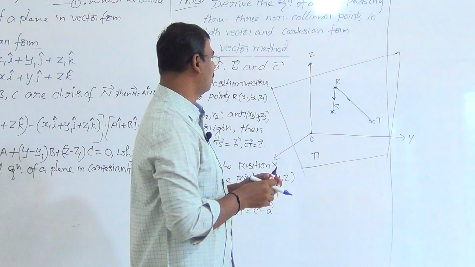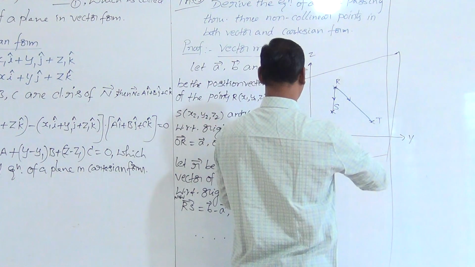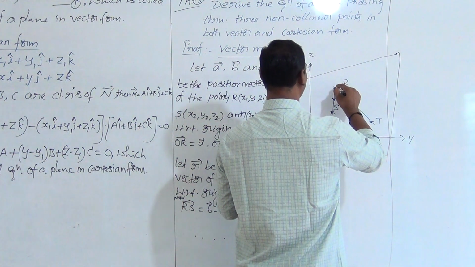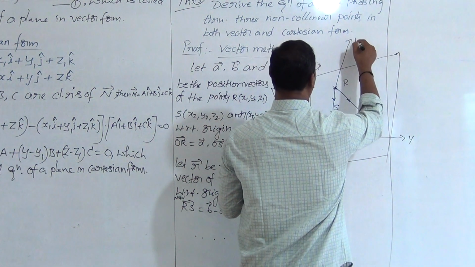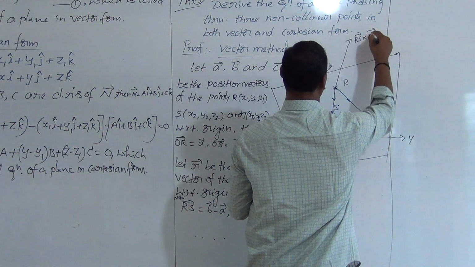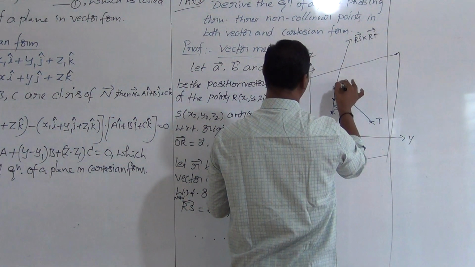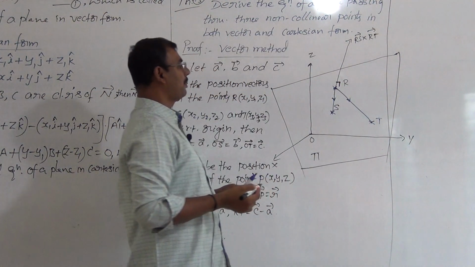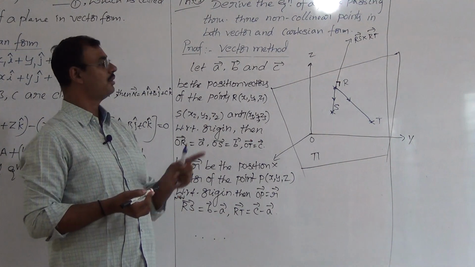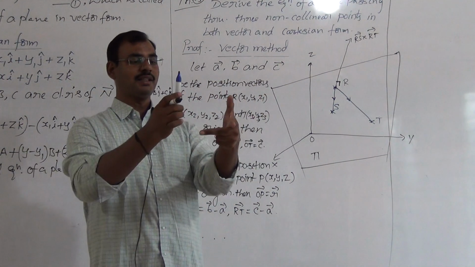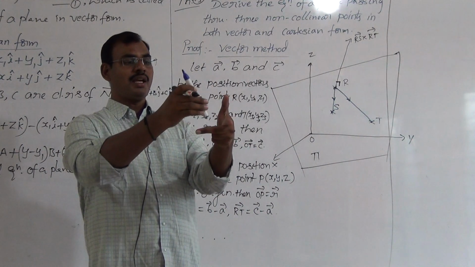So RS vector cross RT vector is always perpendicular to the plane only. This is perpendicular to the plane.